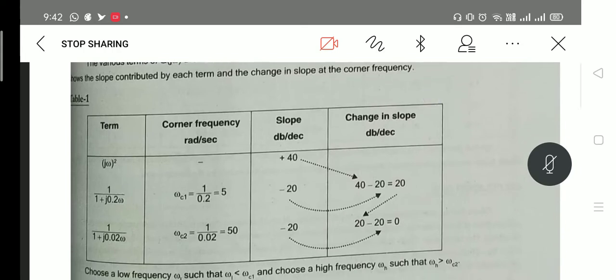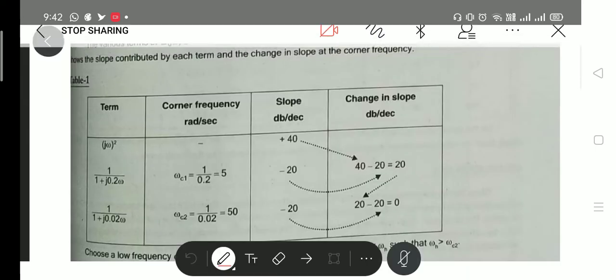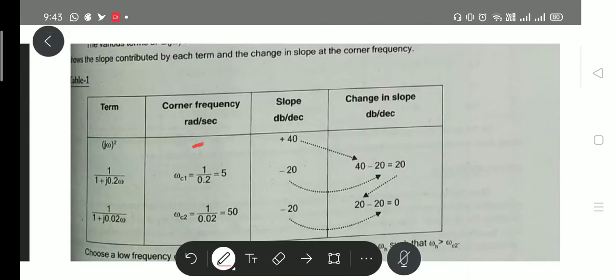First (j omega) square, then 1 by (1 plus j 0.2 omega), and 1 by (1 plus j 0.02 omega), because these are in the denominator. The first column is empty for the first term. Then for the second and third terms you write the corner frequencies omega c1 and omega c2, that is 5 and 50 radians per second.